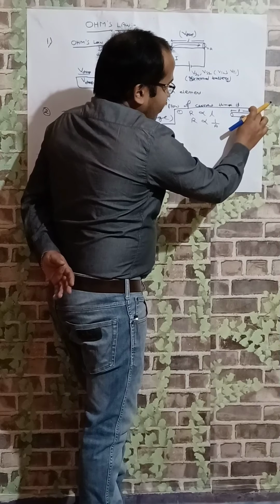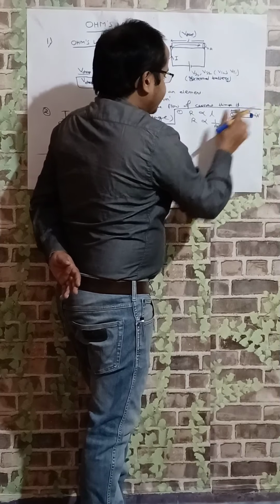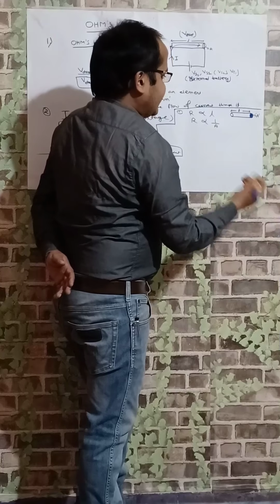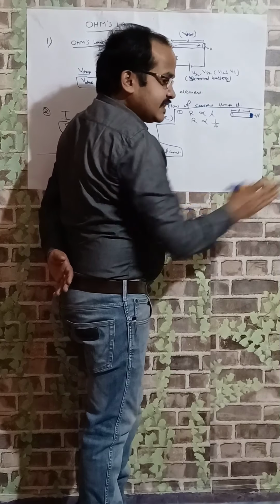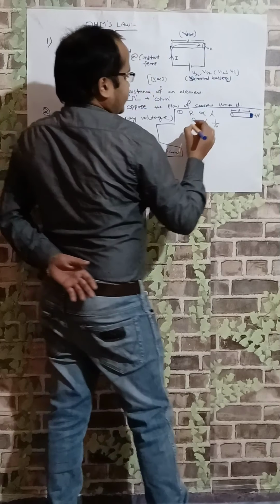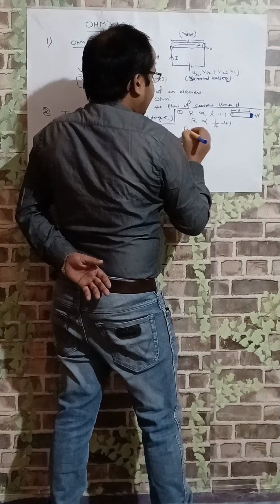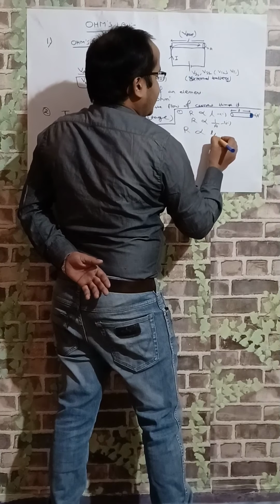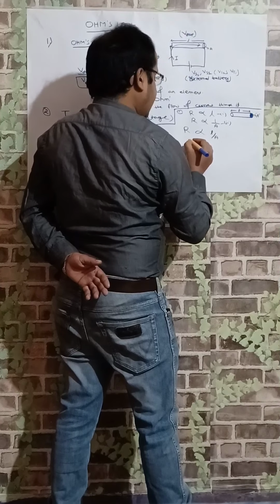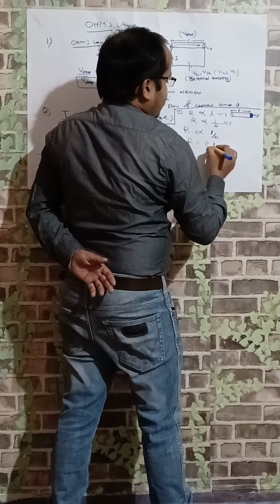If the area of cross section increases, then the resistance of the material will decrease. So from equations 1 and 2, I can say that R is directly proportional to L by A. To remove this proportionality, one proportionality constant comes into the picture, that is R = rho L by A.